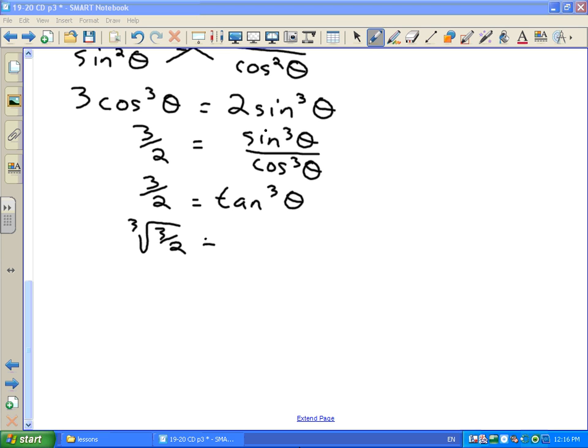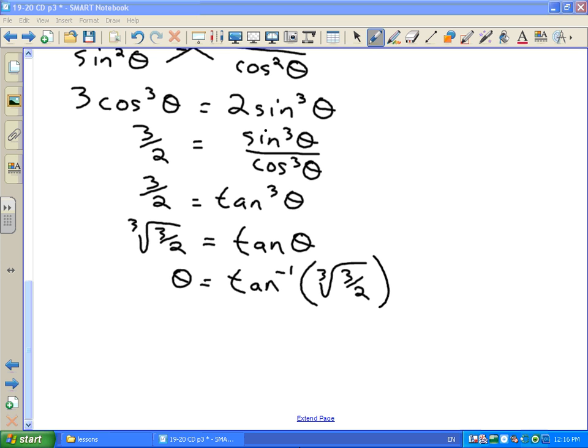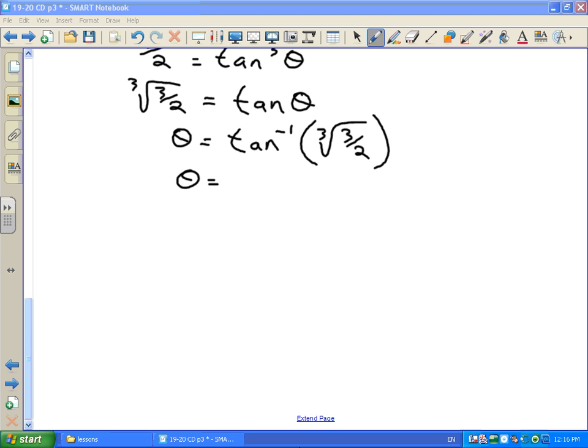Cube root of 3 over 2, tan theta. So theta is going to be the inverse tangent of the cube root of 3 over 2, which I can punch into my calculator. And because I know theta is between 0 and 90 degrees, whatever my calculator spits out is going to be my value for theta.